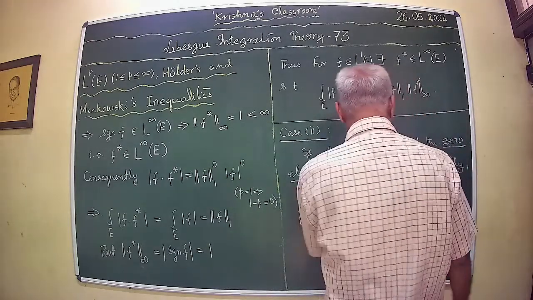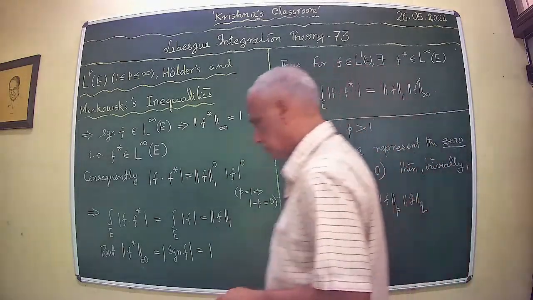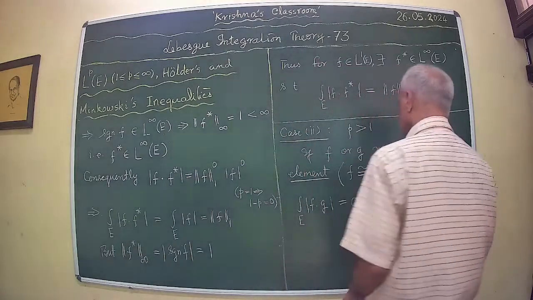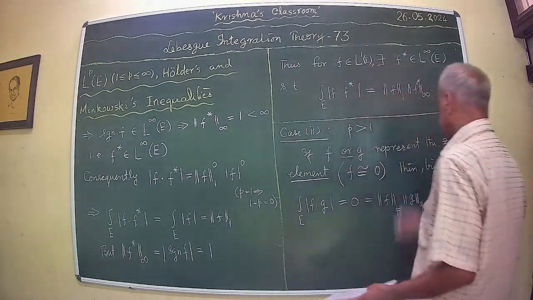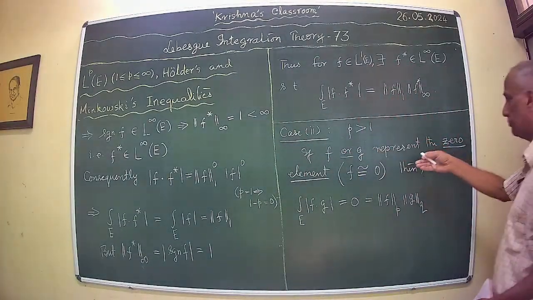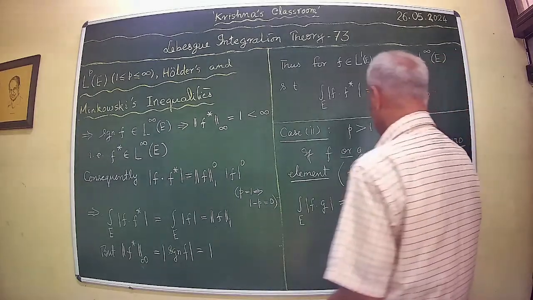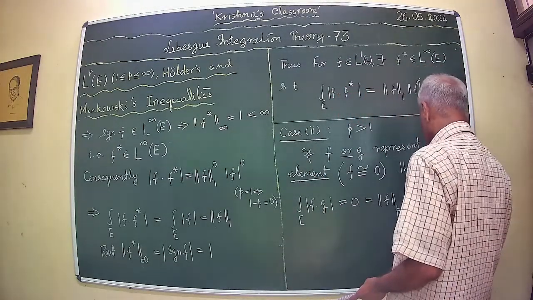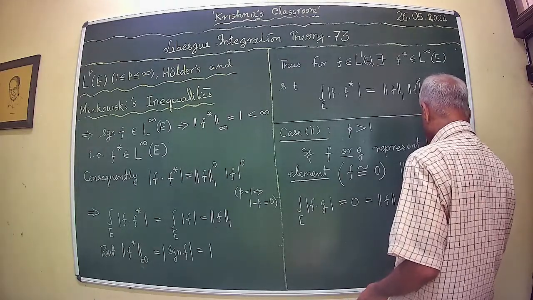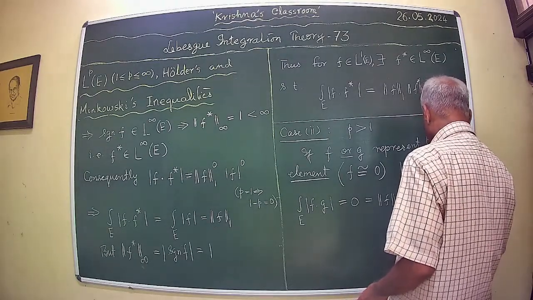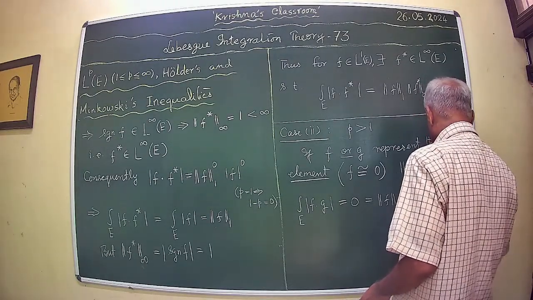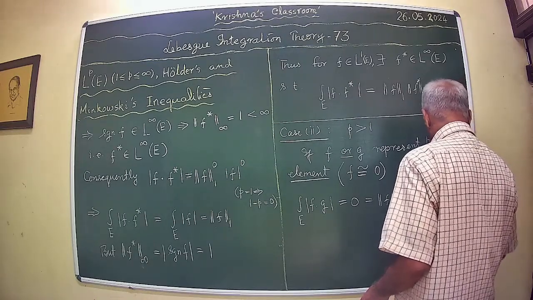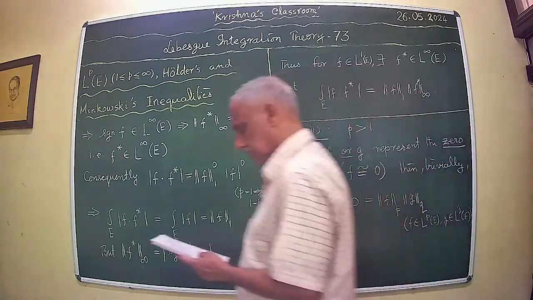So one of the factors is going to be zero. And other conditions are of course assumed, that is f belongs to LP, g belongs to LQ. These are of course basic assumptions.